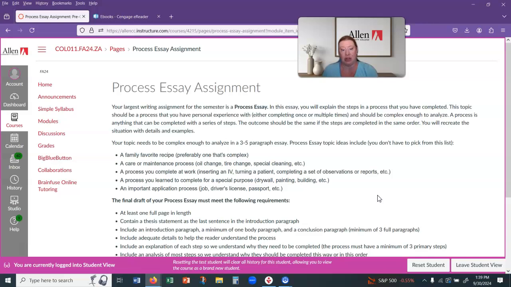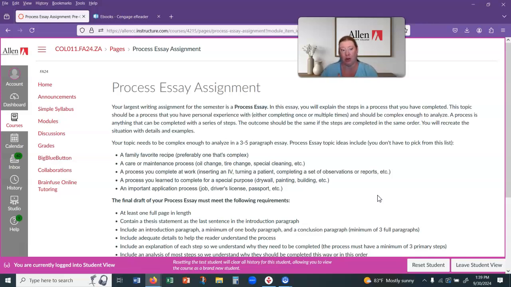And that is the biggest issue that students have with this essay, just picking the right topic, because sometimes they'll pick football as their topic, and football is not a process. You could pick a specific aspect of football, but it has to be something where you do the exact same thing or almost the same thing every single time and with the same result.